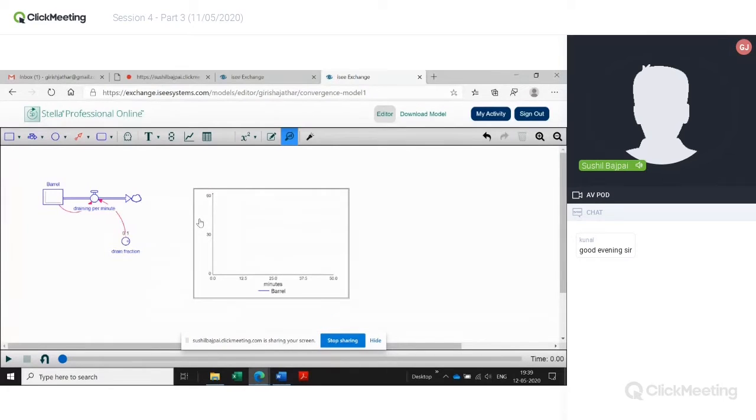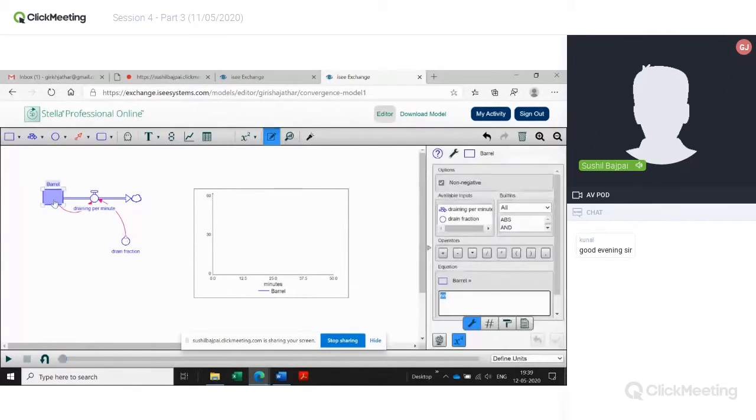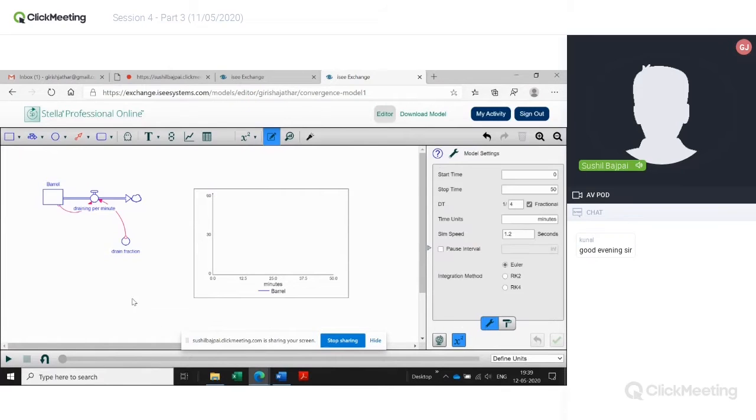Halving time is basically 0.69 multiplied by 1 upon the drain fraction, or divided by drain fraction. So 0.69 divided by drain fraction, which is 0.1 here.